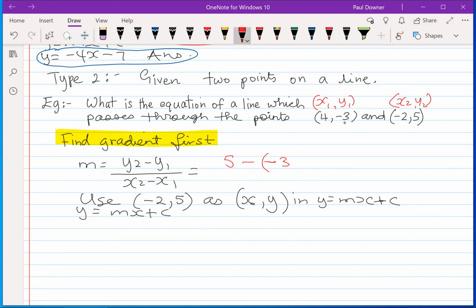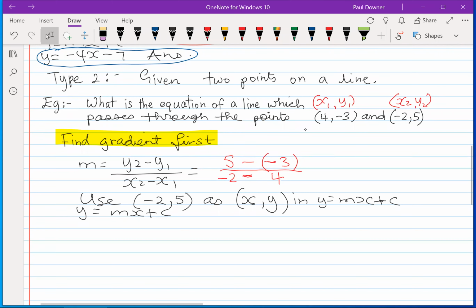Let's put a bracket around it so we wouldn't get too confused with the other negative that was there. Okay, over x2 minus x1. What's x2? X2 here is negative 2. So we're going to write down negative 2, right? Minus, see this minus sign? I'm going to put it here now. Minus, and what are we going to minus? X1. X1 in this case is 4.